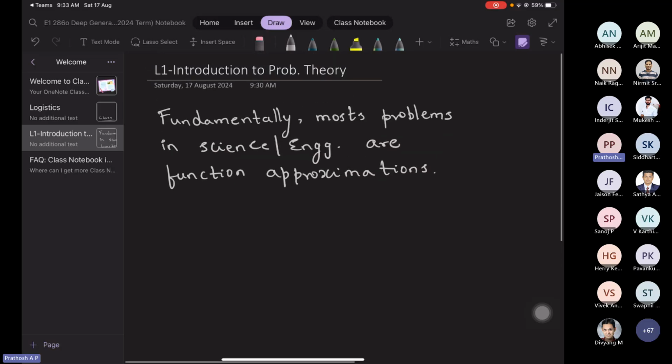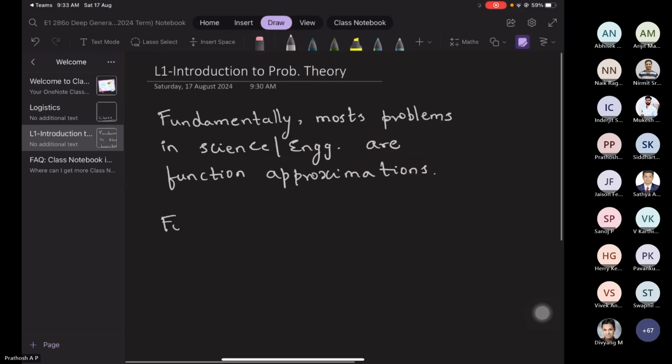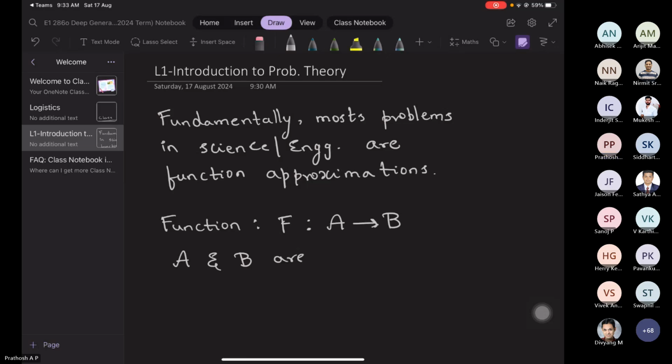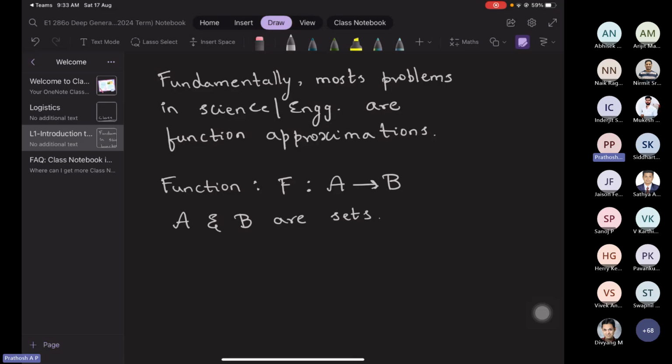So what are functions? A function f is a mapping that is learned between two sets, A to B, where A and B are sets. It's a rule, a mapping, that would map one set to another set.